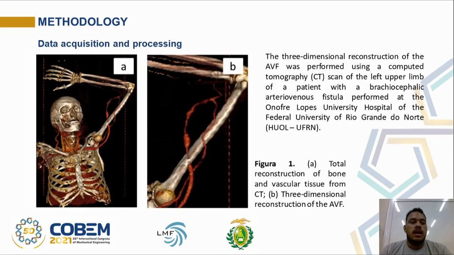Methodology: data acquisition and processing. The three-dimensional reconstruction of the AVF was performed using a computed tomography (CT) scan of the left upper limb of a patient with a brachiocephalic arteriovenous fistula, performed at the Onofre Lopes University Hospital of the Federal University of Rio Grande do Norte.